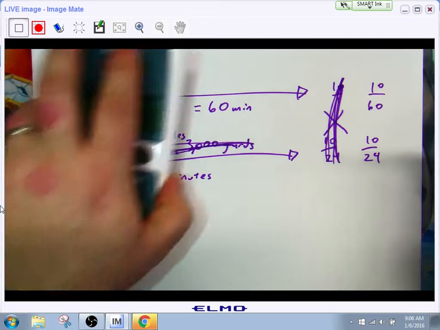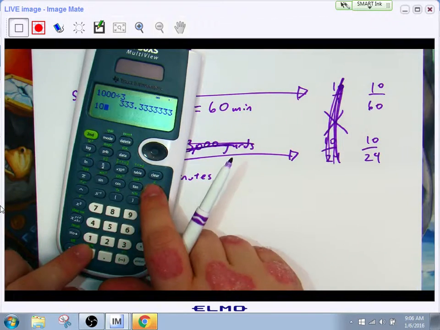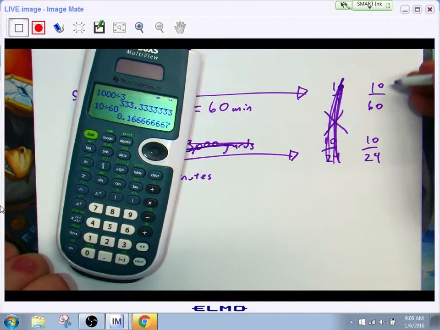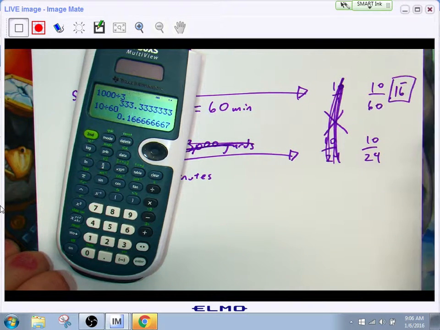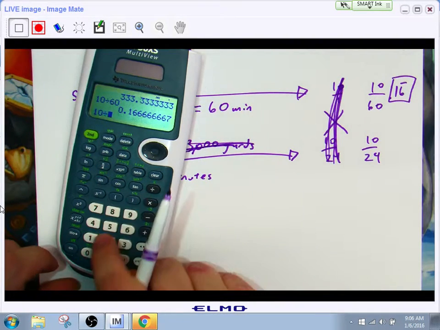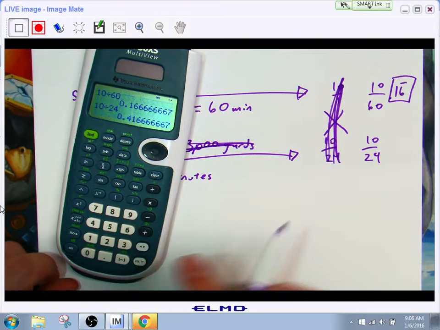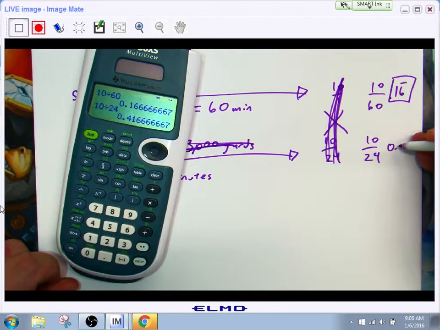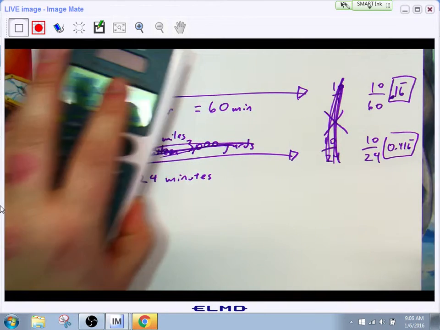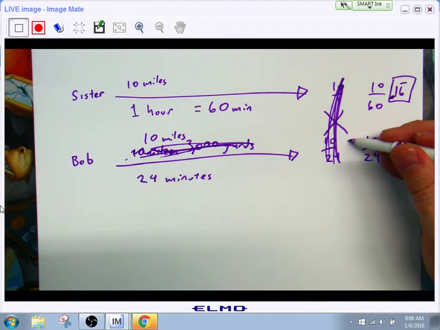When we reduce those down, 10 divided by 60 becomes 0.16 repeating. 10 divided by 24 becomes 0.416 repeating. And we can clearly see that 0.4 is higher than 0.1. Therefore, we know that this is the higher rate.